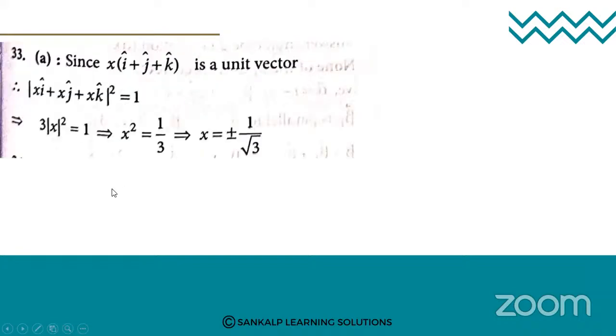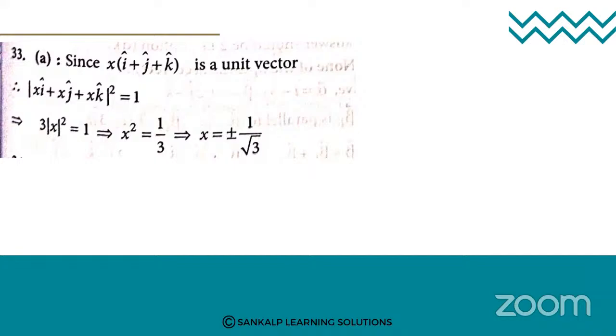Here, since it is a unit vector, its mod will be equal to 1. On simplifying, x i cap, x j cap, x k cap, square, so this can be written as 3 into x square equal to 1, or x square will be equal to 1 by 3, or x will be equal to plus or minus 1 upon root 3.